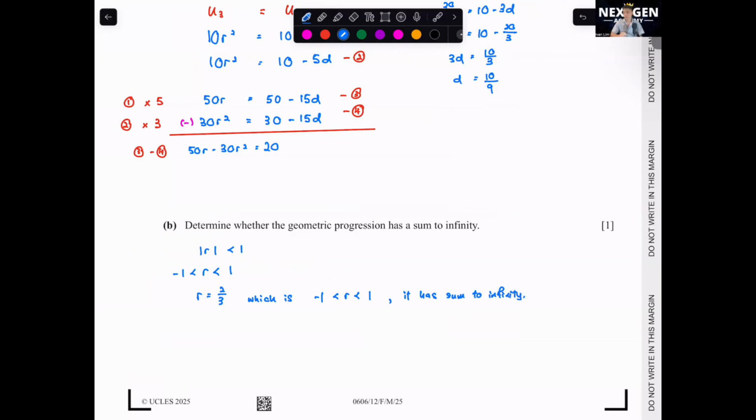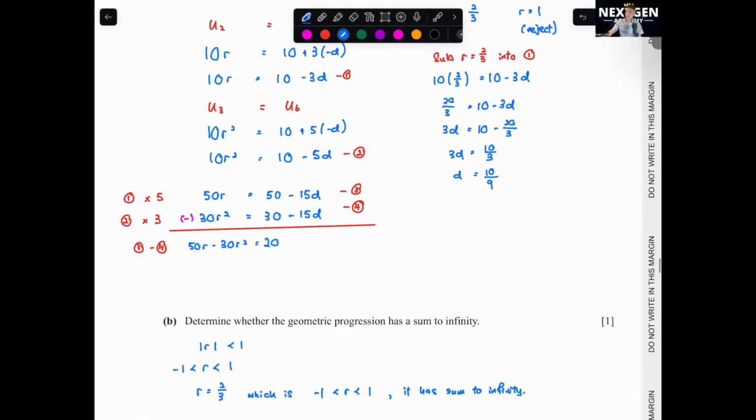Okay, so we just need to see the value, as long as it is in between -1 to +1. Okay, so this is on progression.